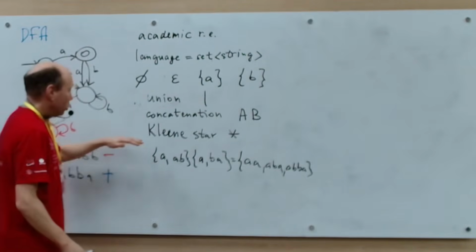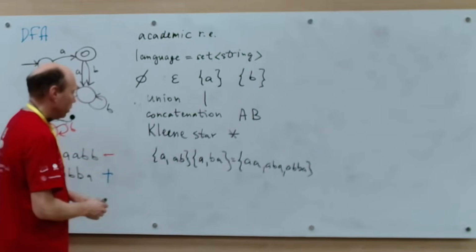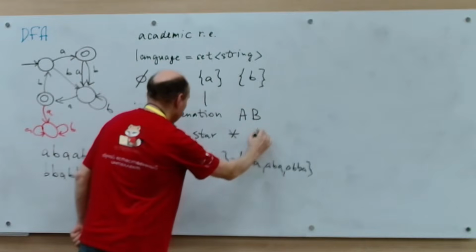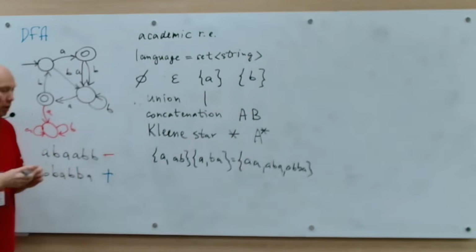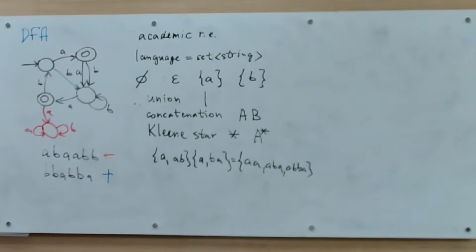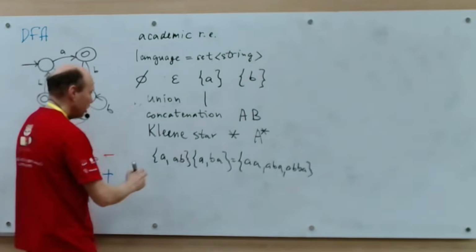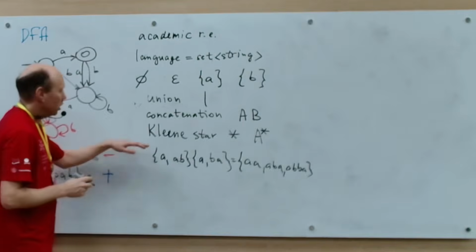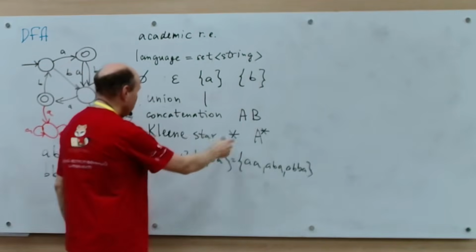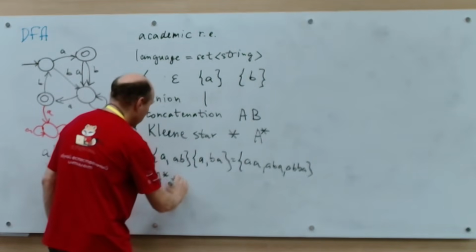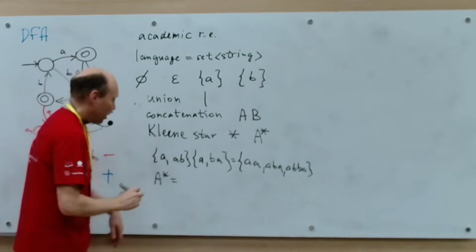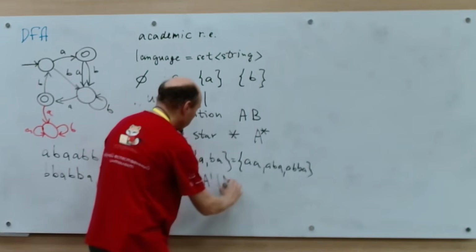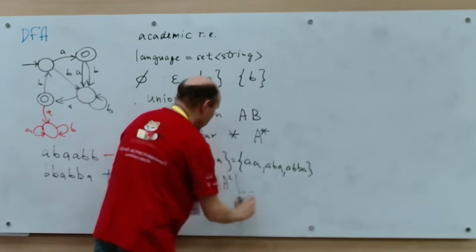The Kleene star is the following. We take some language A, we want to apply the Kleene star, and it is also called the closure. We say that A star is A^0 or A^1 or A^2 or so on until infinity.